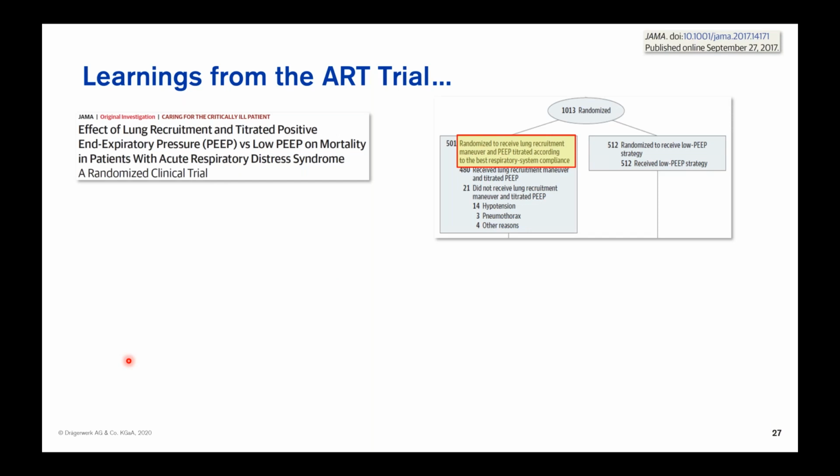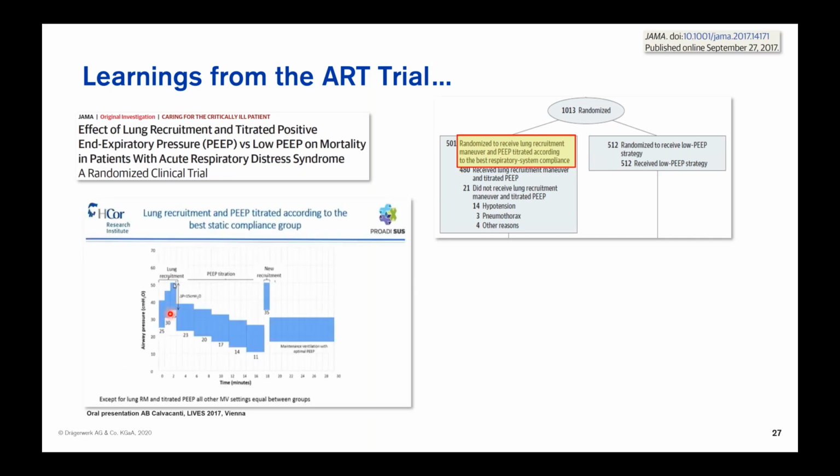The objective was to follow the open lung approach, so to make a relatively aggressive recruitment maneuver, and then to do a subsequent PEEP trial in steps of 3, and then to identify the best PEEP. However, I should say in this study, EIT has not been used, but the best PEEP was titrated according to the highest respiratory system compliance.